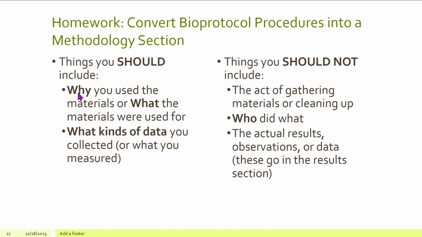You should tell why you use the materials or what the materials were used for, what kinds of data you collected and how things were measured. But you should not include the act of gathering the materials or cleaning up or who did what or any of the actual results or observations or data. So these will go into the results and discussion sections.